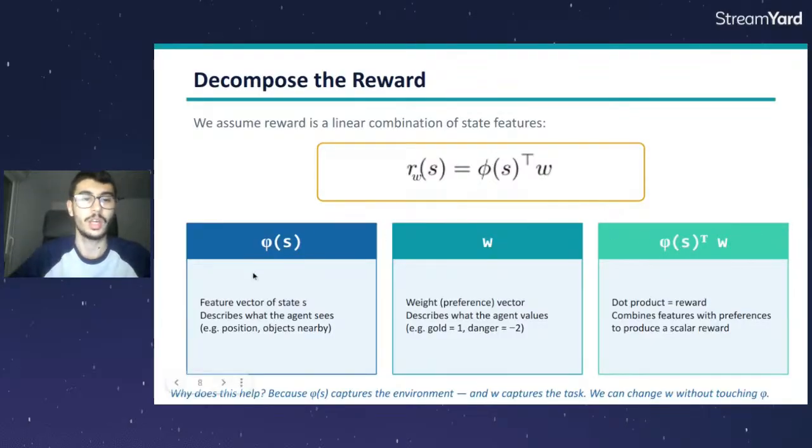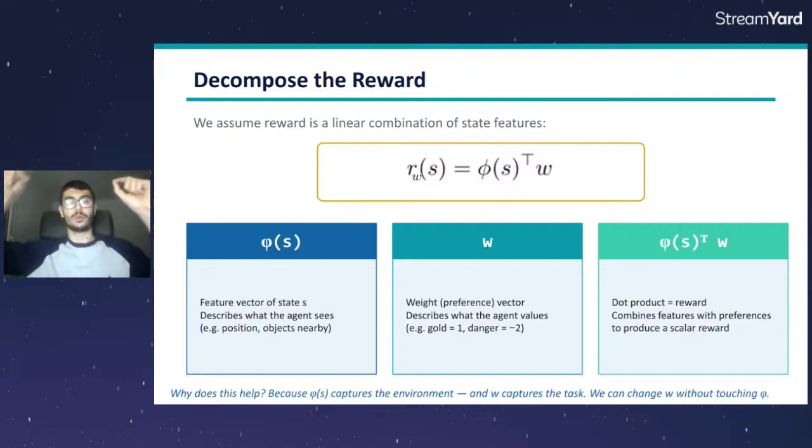So typically, phi of S is going to have the same dimension as W. And each dimension of phi of S represents a certain characteristic of the state. If we take the W vector, the task vector, each corresponding dimension represents the importance of that characteristic. Okay?